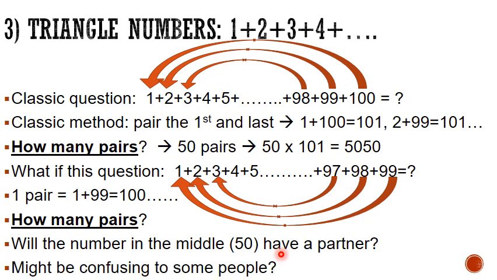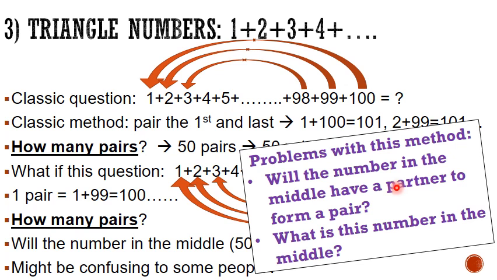So this is the problem with this method. It's not that it is wrong, it is still a good method, but it might be confusing for some people if the question gives you something like this and the last number is an odd number. Will the number in the middle have a partner to form a pair? And what is this number in the middle? So that is not so clear cut for some people.